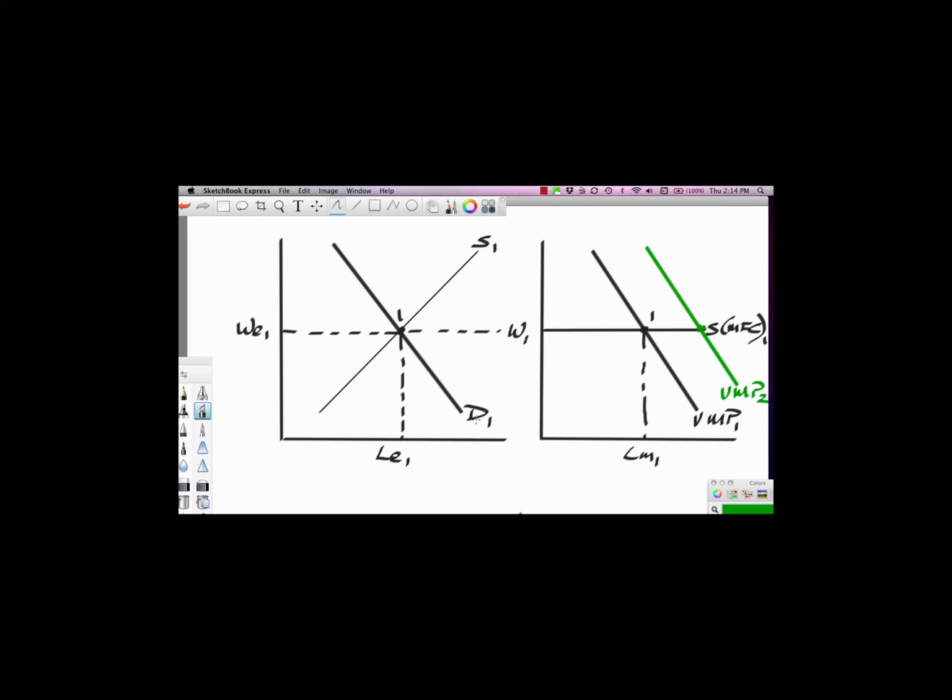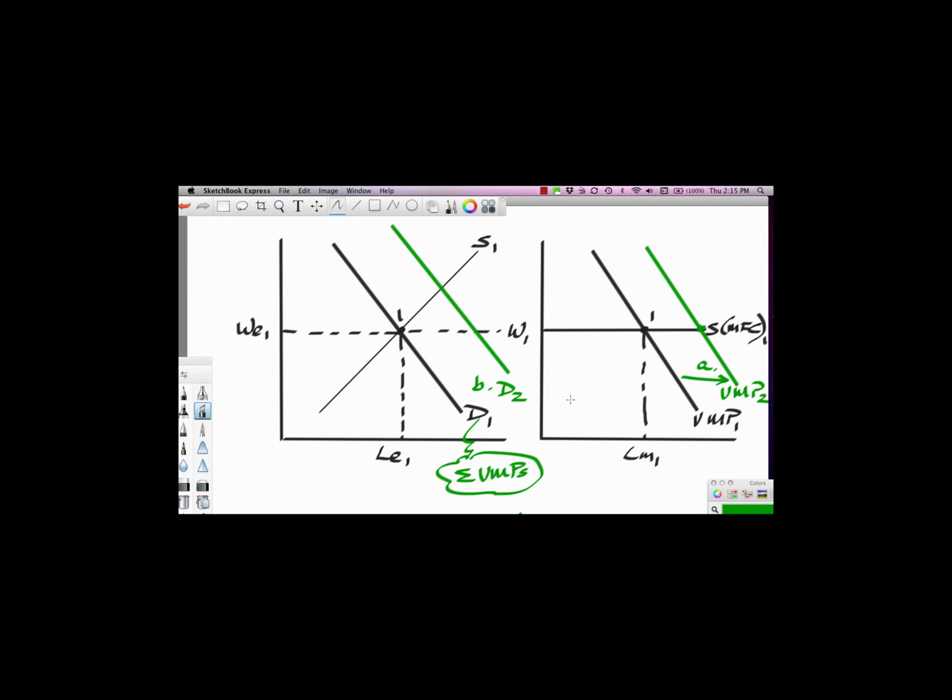And remember, the demand curve is the sum of the VMPs. So if the VMP curves of individual firms are moving to the right, which they are, then that's ultimately going to shift the demand curve for all of this labor to the right. So we move from D1 to D2. We'll call this letter A in our thinking, and this letter B. So letter A happens first.